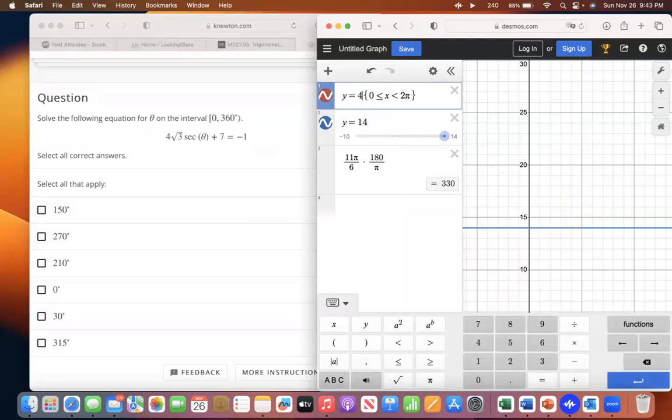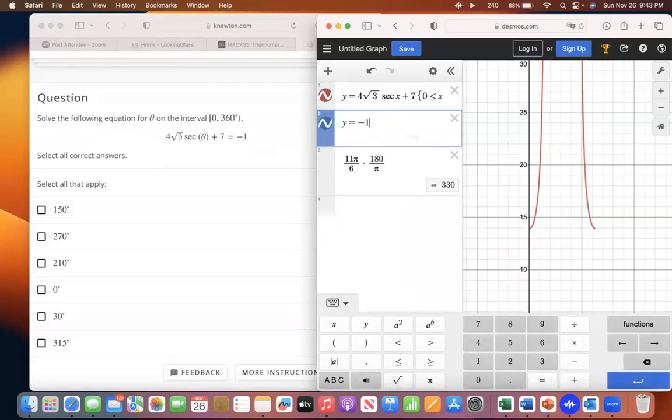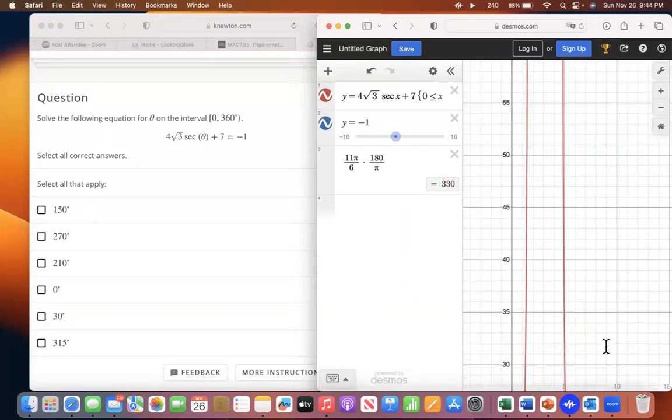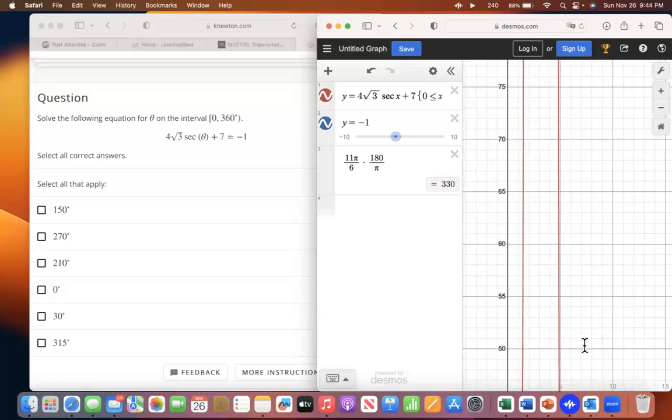Let's see. 4 square root of 3 secant x plus 7. That's a minus 1. Probably going to be, what the heck? Did I put it in wrong? 4 square root of 3 secant x plus 7.